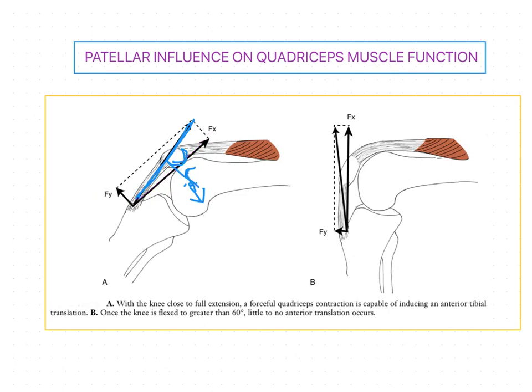The patella does not, however, function as a simple pulley. This is very important. We know the patella acts as an anatomical pulley, but it is not a simple pulley, because in a simple pulley the tension on both sides is the same.